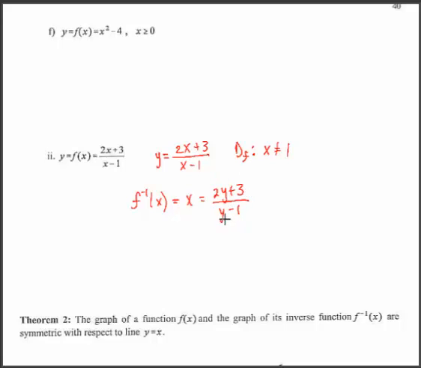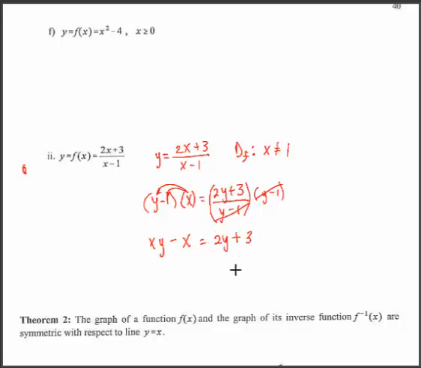Okay, so I want to solve for y. If I multiply both sides of this equation by y minus 1, okay, so at this point on the left, what I can do is distribute my x, and I will have xy minus x, and on the right I will have 2y plus 3.